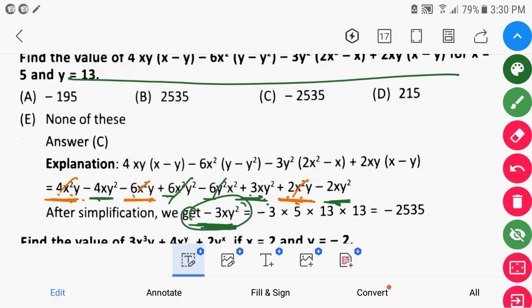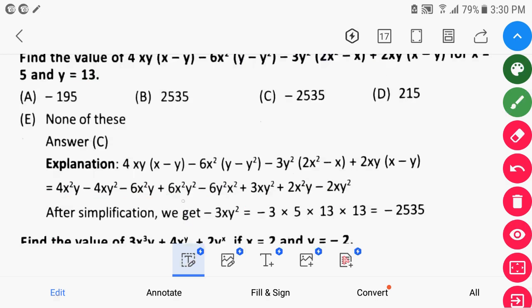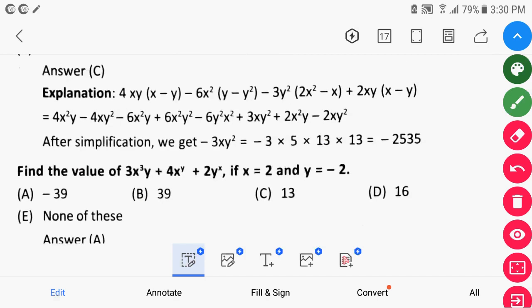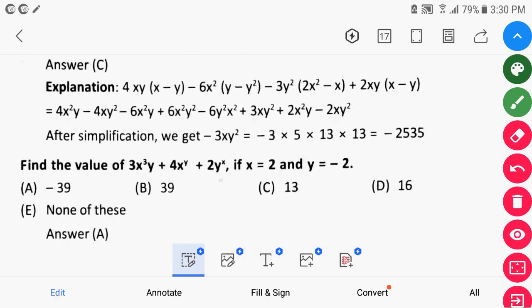Okay, so you have to first simplify it and then put the value of x, put the value of y and solve the example or multiply. Again here, 3x cube y, 4xy, 2yx is the algebraic equation, and we have to find the value of this equation if x is equal to 2, y is equal to minus 2.